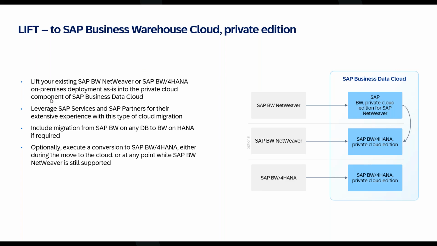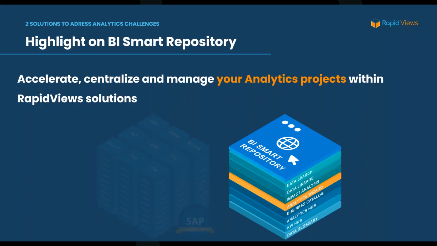So what is the plan? What do they want to do? What we see is that they want to audit and understand what they have today in this BW system, and find a path to migrate to SAP Datasphere or to any other data platform. This is where our BI Smart Repository can bring you some value.